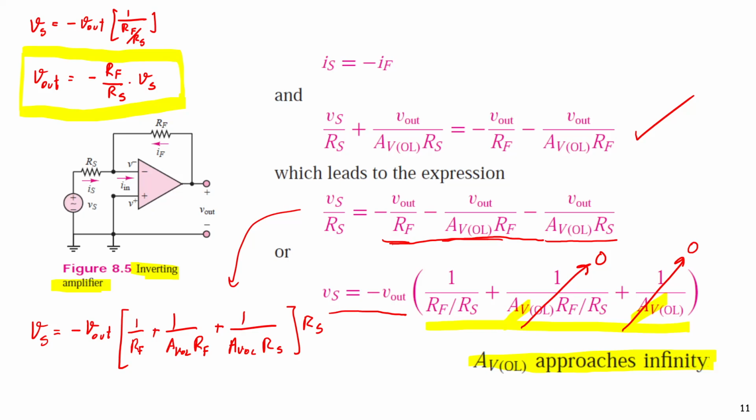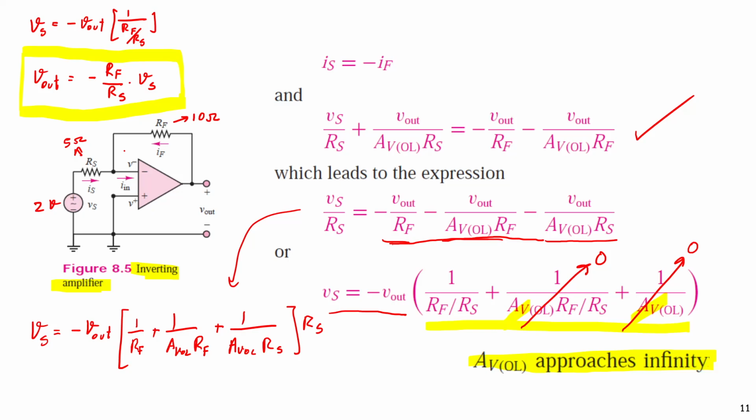For example, if we have Vs maybe 2 volt, we select Rf, for example 10 ohm, and select Rs as 5 ohm. So what is the gain?